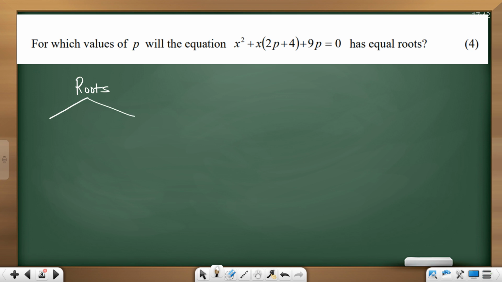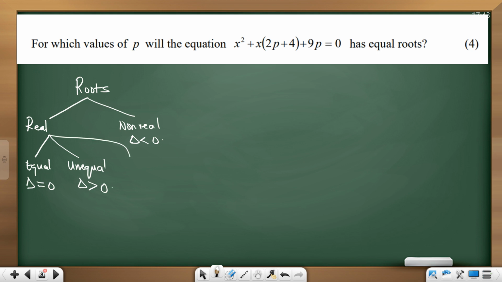If it's non-real, discriminant is less than 0. If it is real, they could be equal or unequal. Just by that word, equal, it means discriminant is equal to 0. Unequal, discriminant is greater than 0.